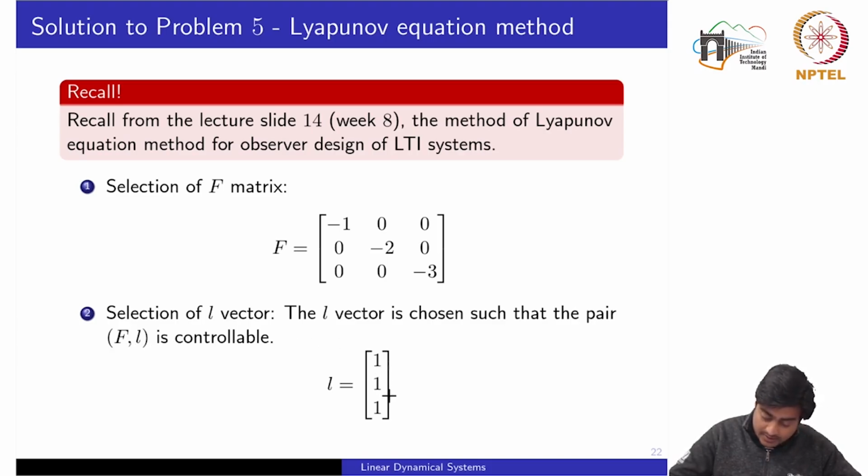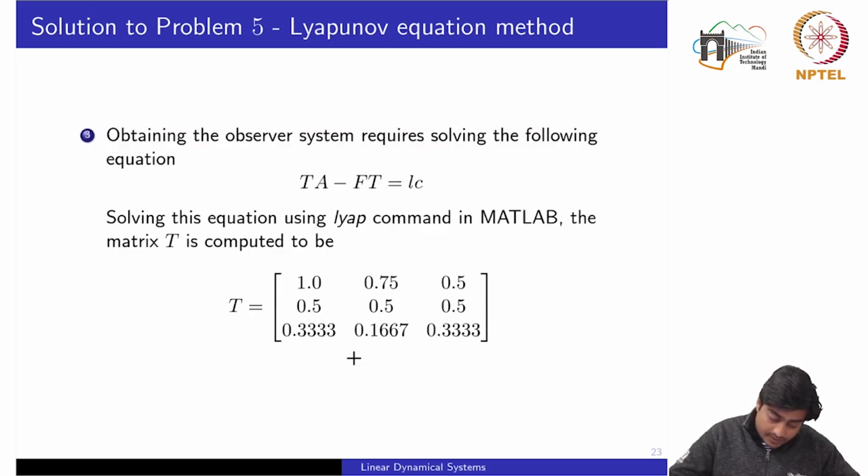We have selected this L vector and this pair F, L is controllable. The third step is computing the T matrix, which is obtained by solving this Lyapunov equation, and we have used the lyap command in MATLAB to obtain this T matrix.